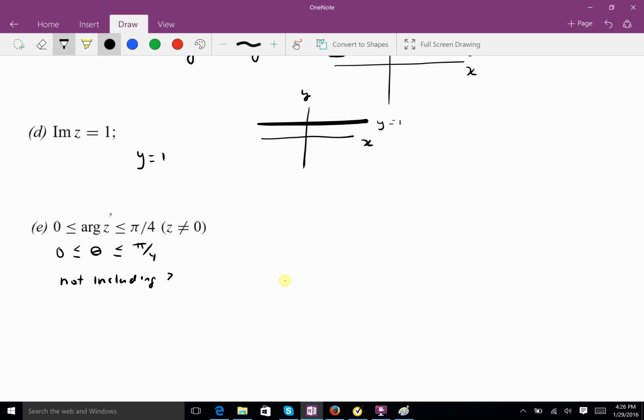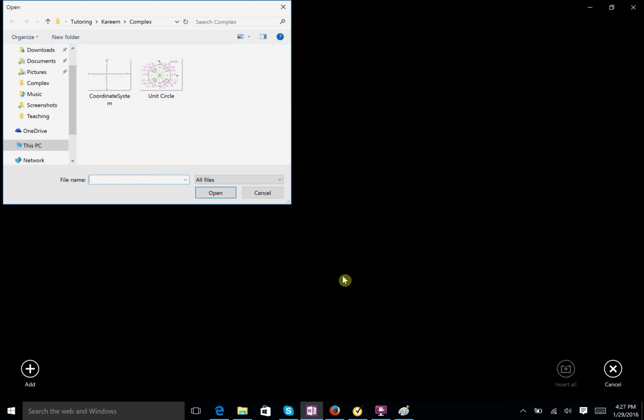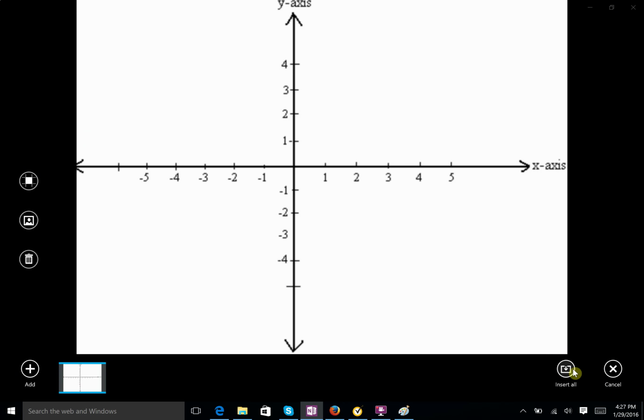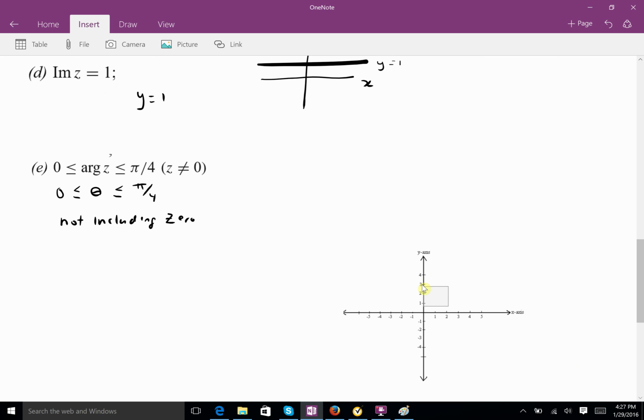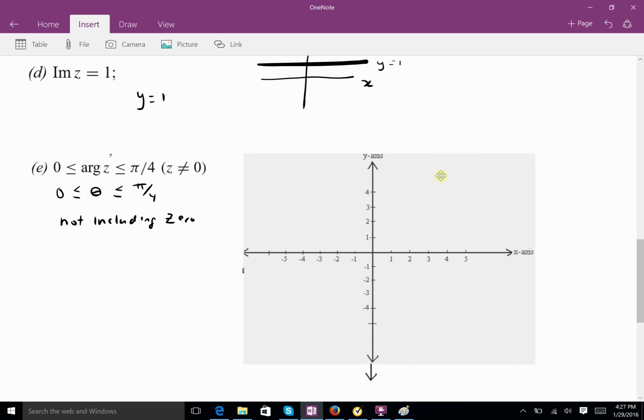So we have to be a little careful how we plot this, okay? So let me show you how it's done. It's a little tricky. What I'm going to do, I'm going to blow this up. Now, we know that pi over 4 is y equal to x, okay?